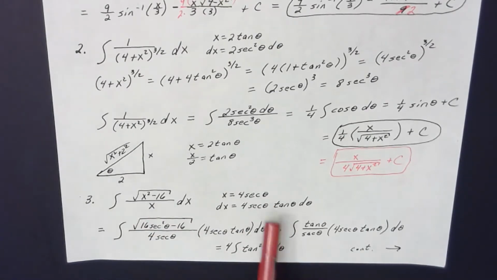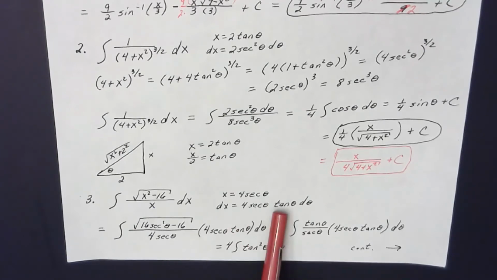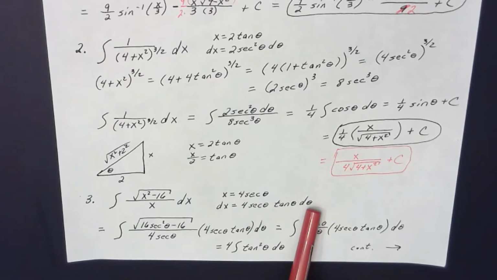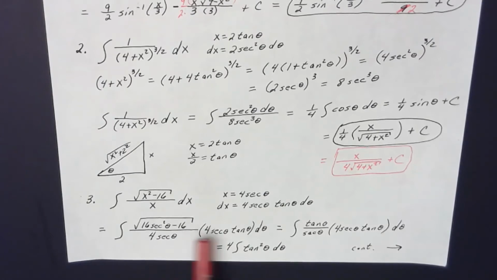So now, if x is equal to 4 secant theta, then dx is going to be the derivative of secant is secant tangent, so 4 secant theta tangent theta d theta. Now, in this case, I went ahead and just put it back into the problem. I kind of prefer it where if we simplify before going into the integral, but this is okay too.